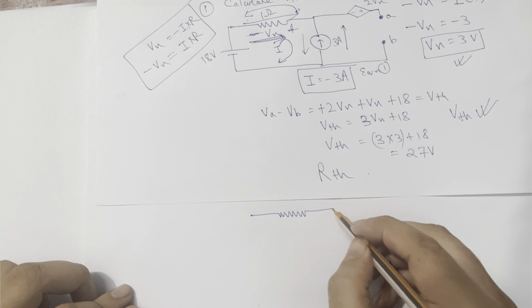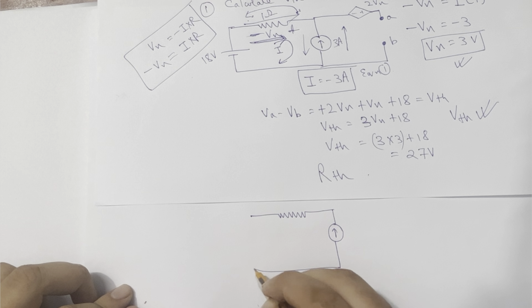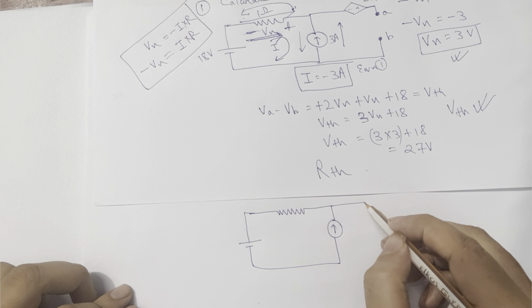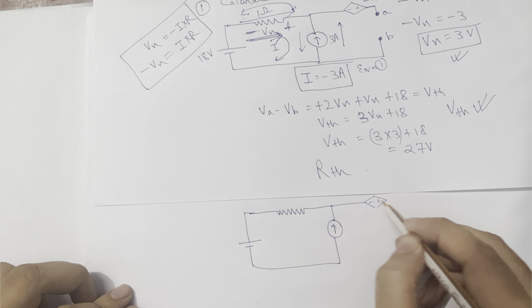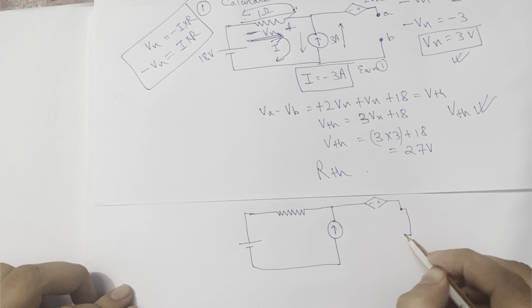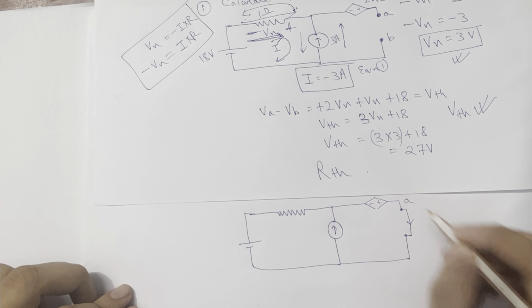So what we will do is short circuit the open terminals, and we will find IAB.